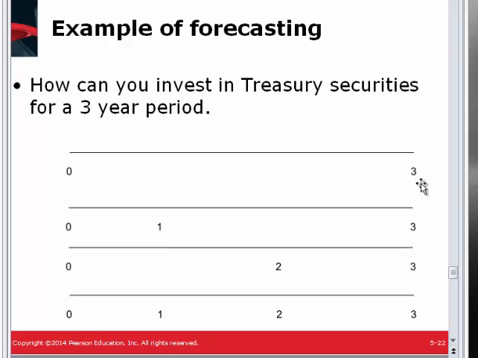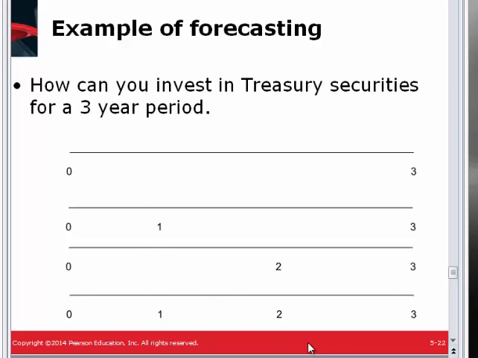That would be R03. Or we could buy a treasury security for 1 year, R01, and then at the end of the first year we could buy a 2-year one, so that would be R13. Or we could buy an R02, a 2-year investment, and reinvest for a year, or we could buy individual 1-year investments.